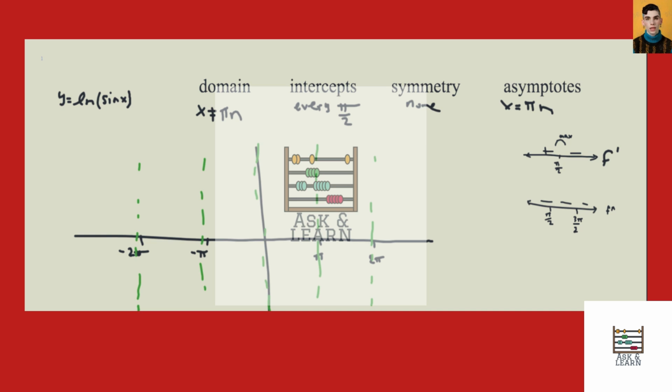So pi over 2, this is negative pi over 2. I'm sorry, it's not here. Here.